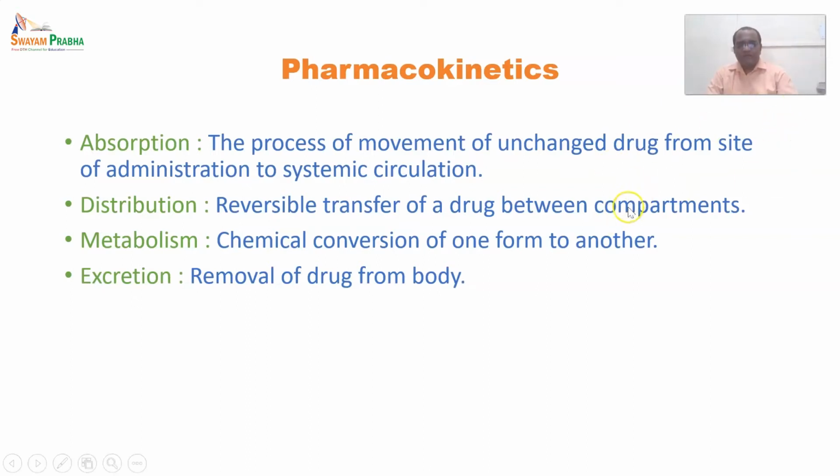Because if the drug is only lipophilic, there will be no interaction with receptors. The drug should have such molecules in between that it can interact with a receptor. Earlier we have seen that receptor binding shows hydrogen bonds, ionic bonds, or covalent bonds, and for that purpose a drug should have some ionic part, and with that it should have a lipophilic part to get distributed between the compartments.